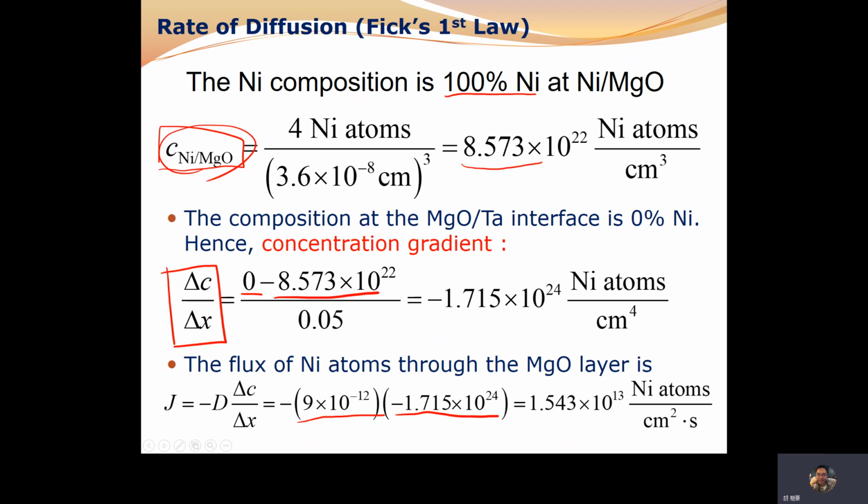That means the volume of each nickel atom, or we can say the volume of the nickel atoms passing through this barrier layer.